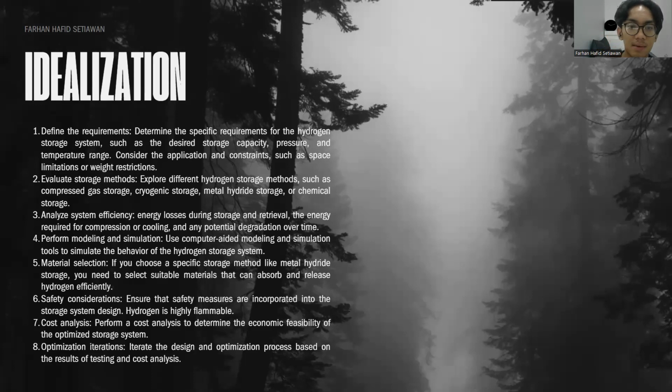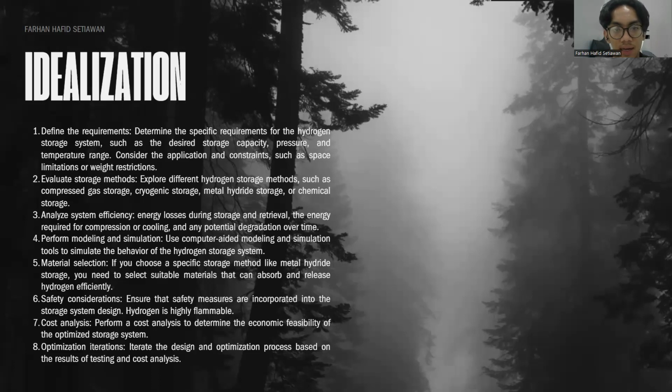Third, analyze system efficiency: energy loss during storage and retrieval, the energy requirement for compression or cooling, and any potential degradation over time.